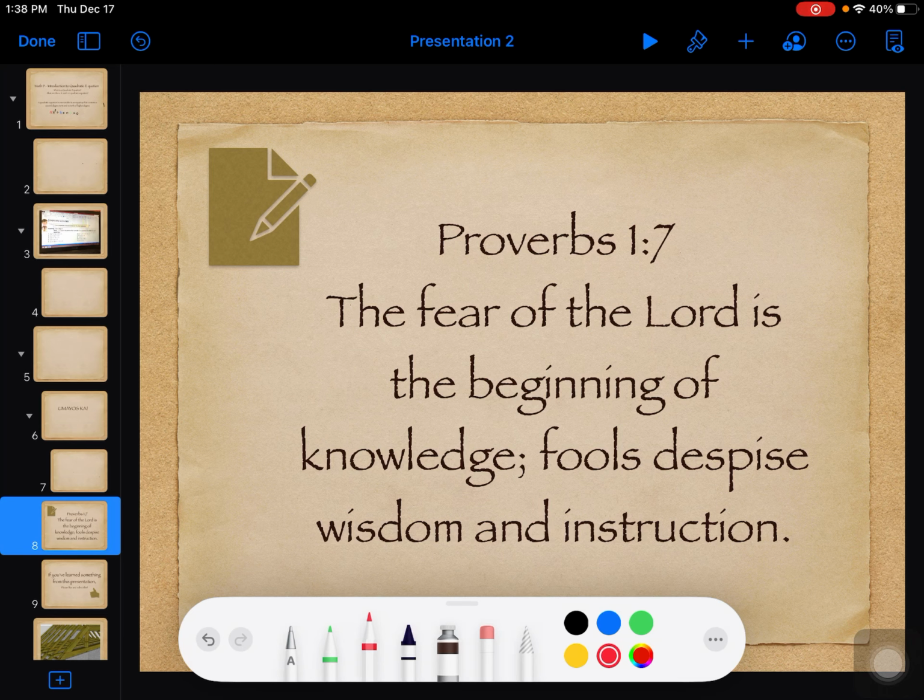But in Proverbs chapter 1 verse 7 it says, the fear of the Lord is the beginning of knowledge. Fools despise wisdom and instruction. That means whatever we do not know, whatever things we long to know, we have to seek the guidance of the Lord, and He will direct you to the right people from whom you are going to get that knowledge.